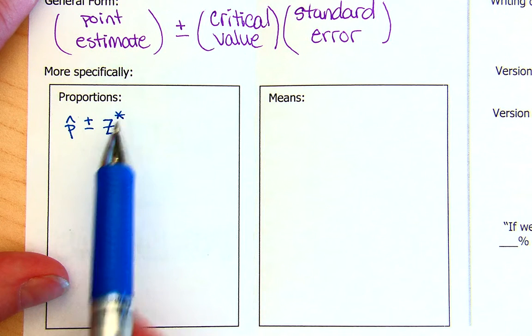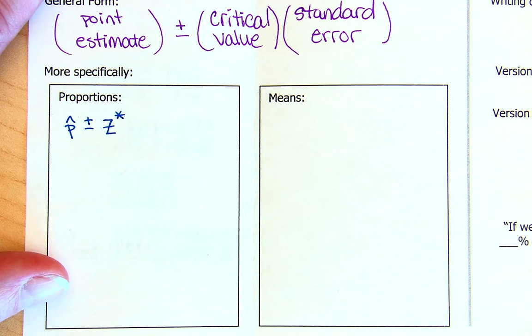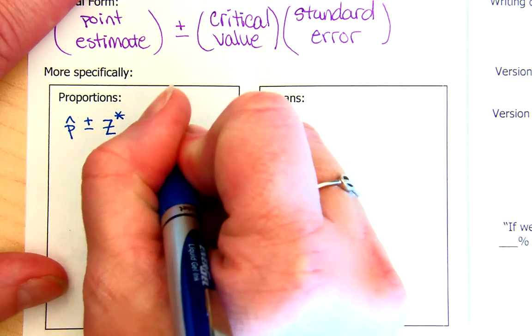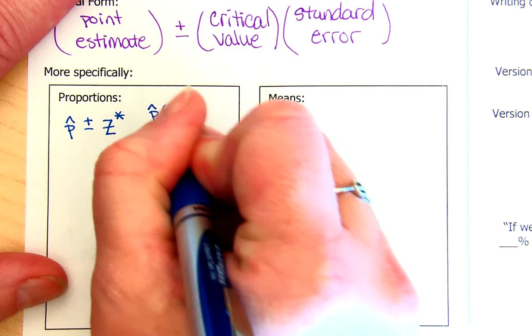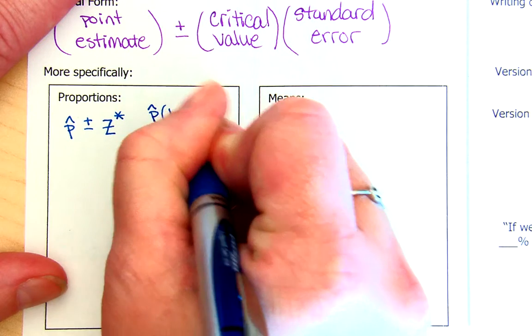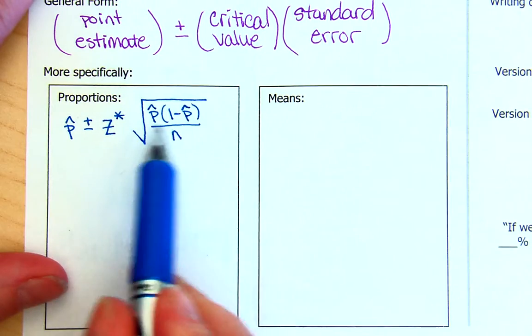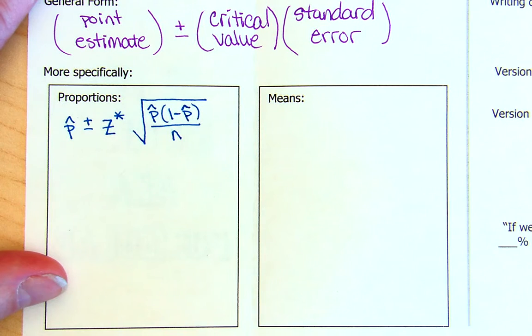So when you see z with an asterisk, that's what it means. You're looking it up on the table as a critical value. And then our standard deviation for proportions is just that same formula we've been using. We just use the p hat instead of p because we don't know the value for the population. That's what we're trying to estimate.